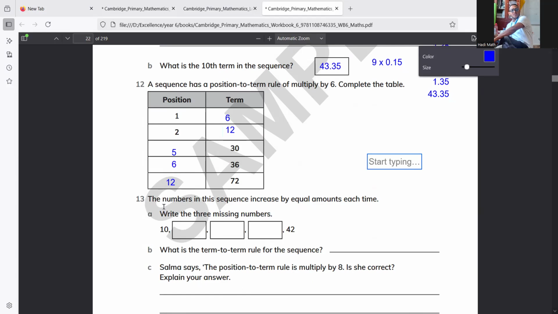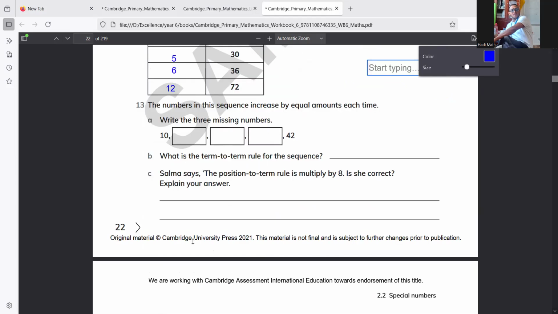They say that the numbers in this sequence increase by an equal amount each time. You write the 3 missing numbers. If you do remember, I've told you about this one before. I told you what you need to do when they give you the first term and last term. Step number 1, you subtract the first term, which is 10, from the last term, which is 42, and the answer is equal to 32.